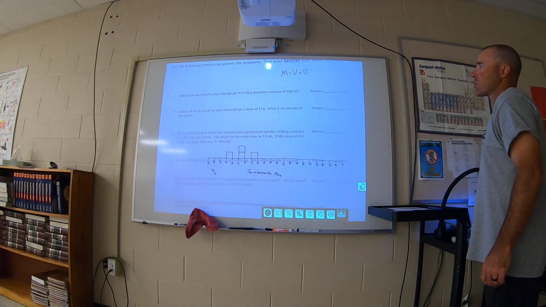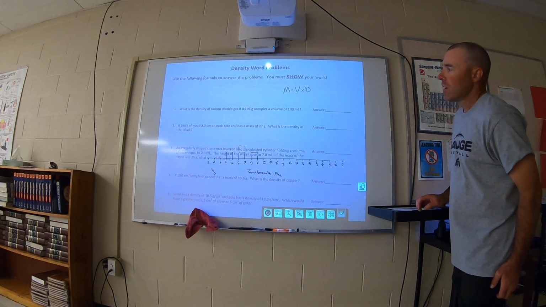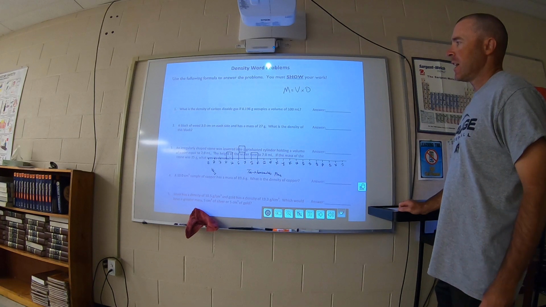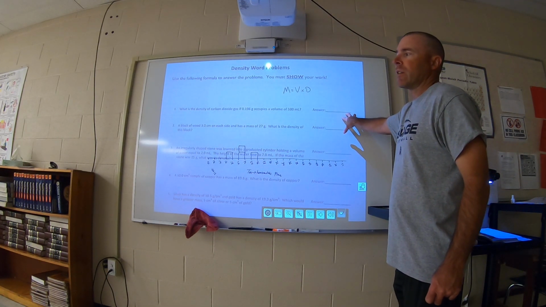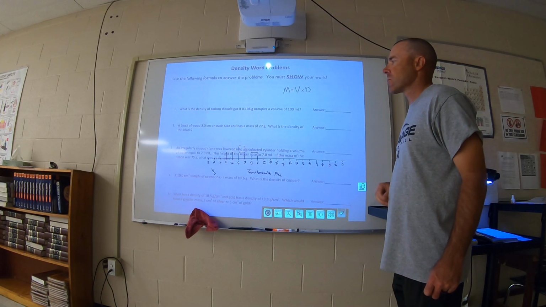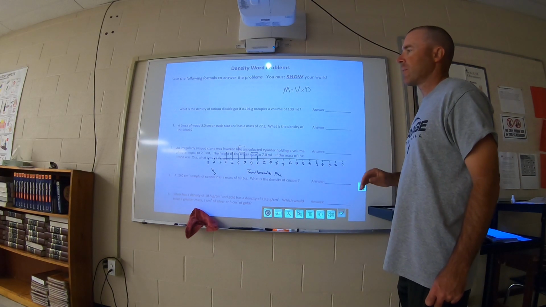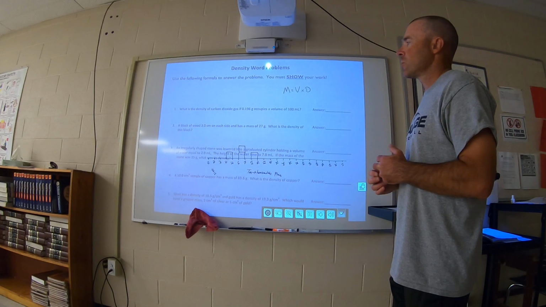If you don't have it, there should be a link on Canvas that says density worksheet. And I need the answers to one of these questions on Canvas. So make sure you fill in the text box with your answer to one of those problems. Read the directions on Canvas for that. That's what you need to have done by the next time that you come to class.